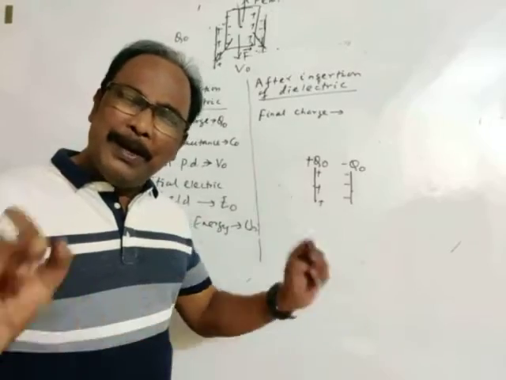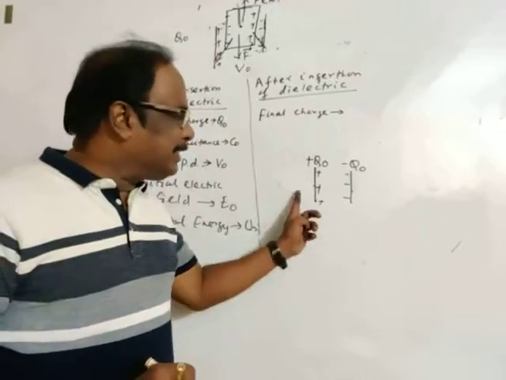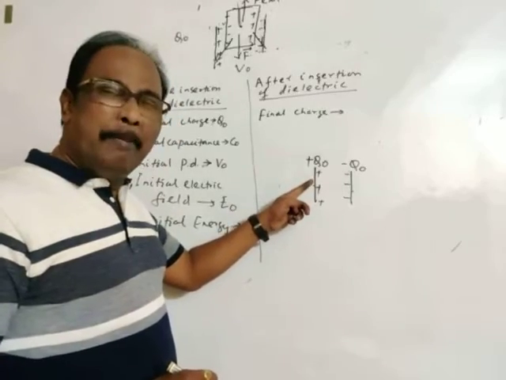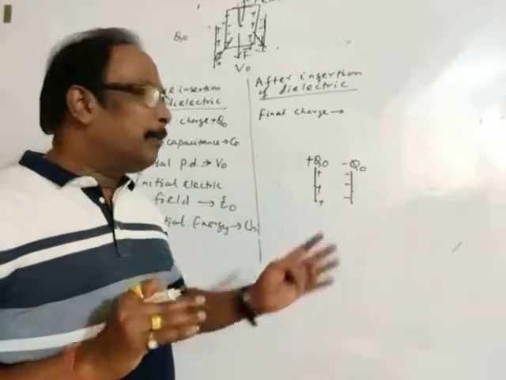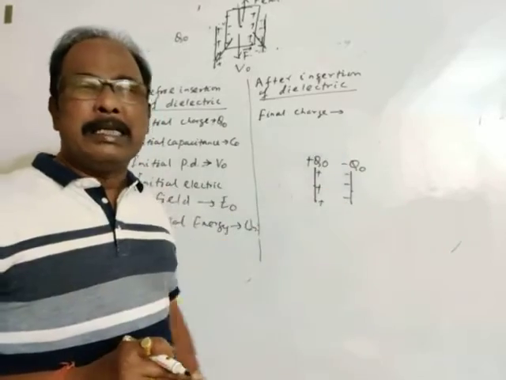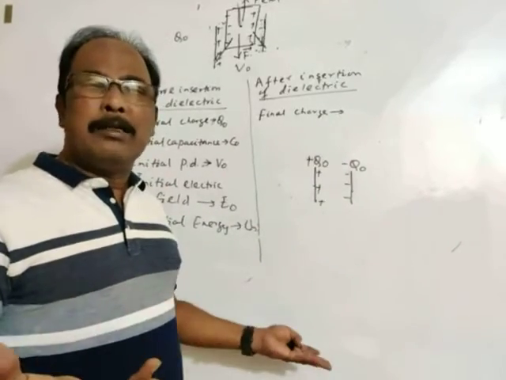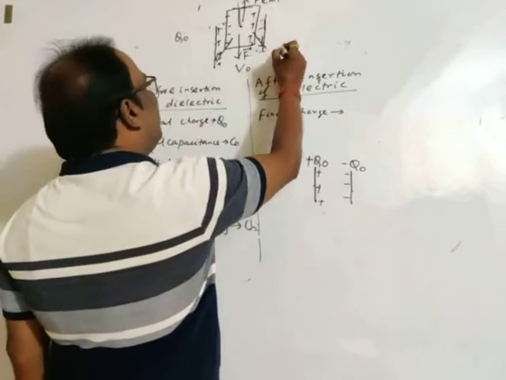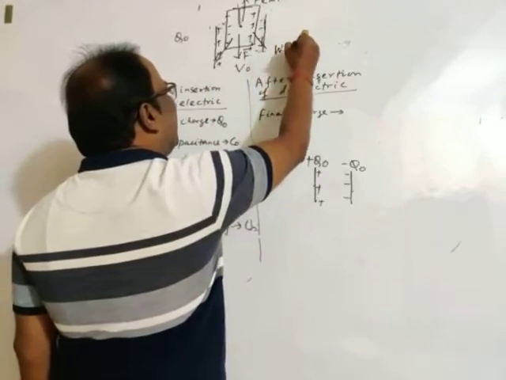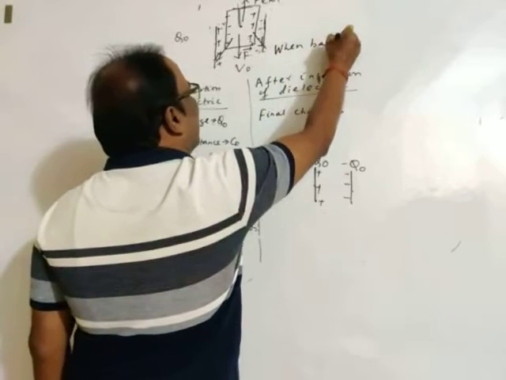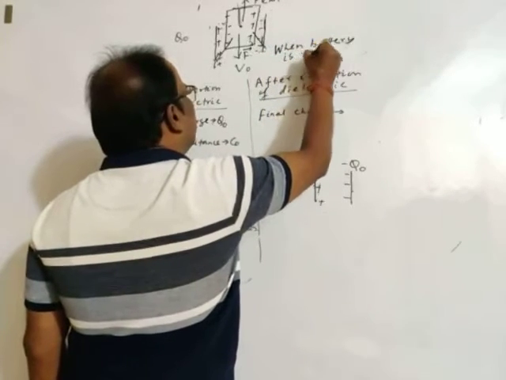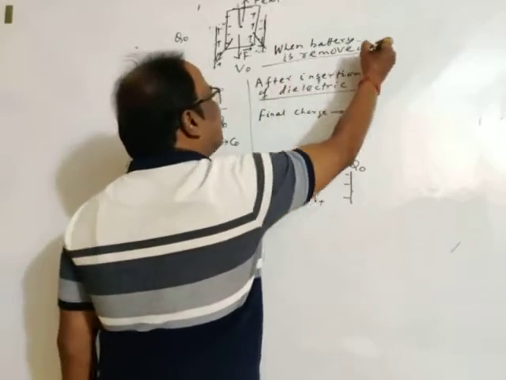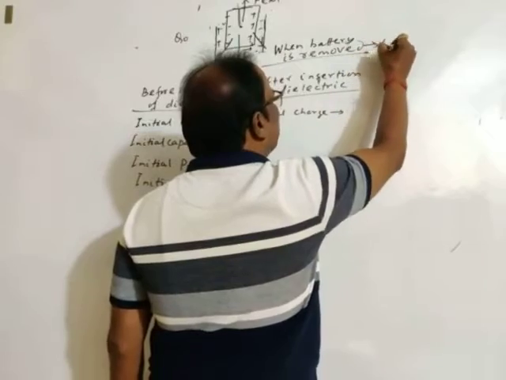Where will the charges move? There is no conducting path. There is no contact between the plates. There is no contact of any plate with any other body. Means this is an isolated system. So charge is constant. So the first concept we are discussing is when the battery is removed; you should remember it very seriously.